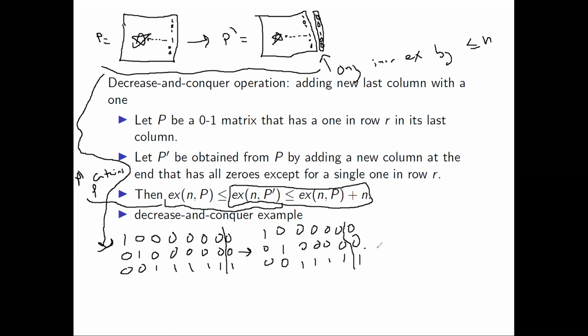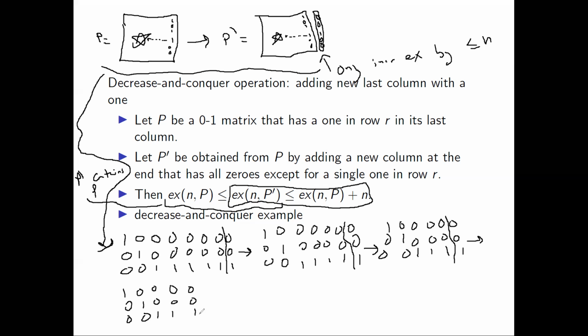We're going to cut off its last column. Now we got 5 zeros. And then we'll cut off that last column. And we just keep on going like this. Cut off that last column.